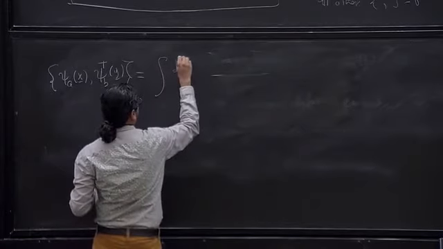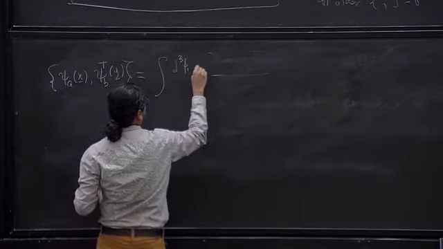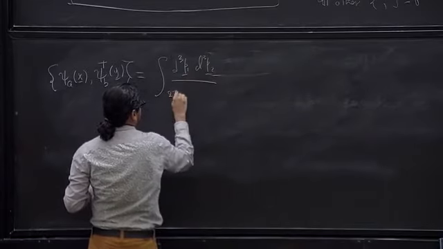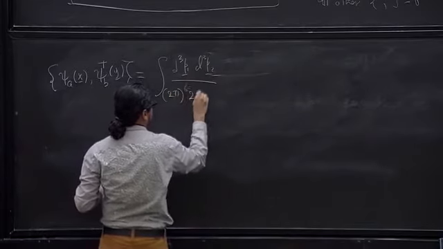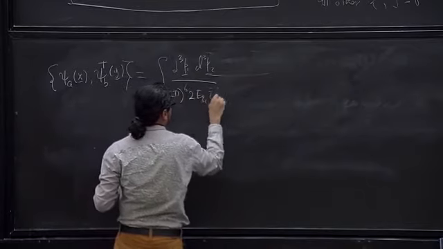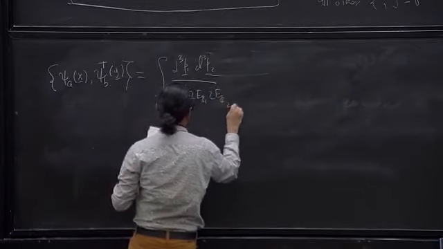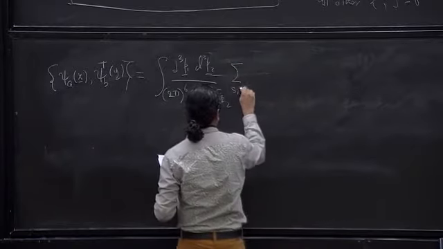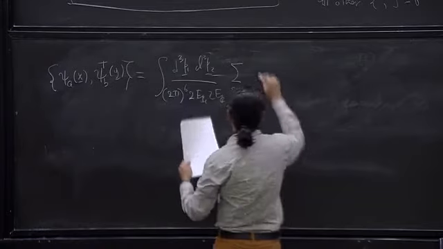So we have d^3 p1, d^3 p2. There is (2π)^6, 2E_p1, 2E_p2. And there are two sums, spin sums, coming from ψ and ψ†.